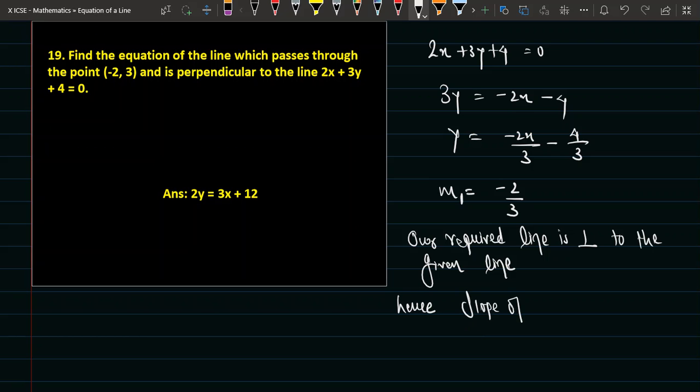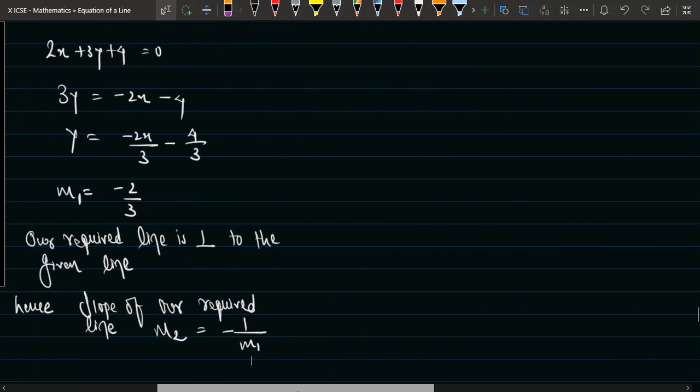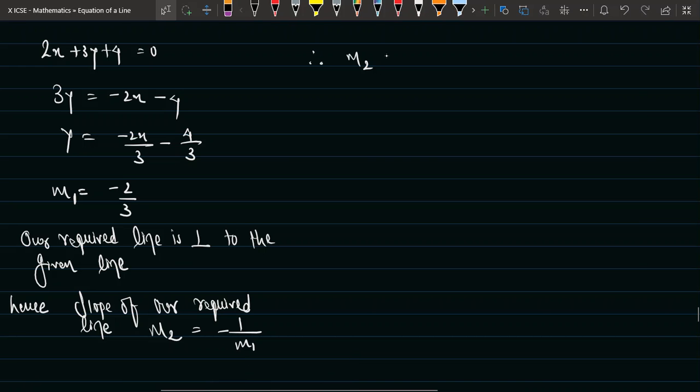Slope of our required line, which is m2, is equal to minus 1 upon m1. We can write it like this too. So therefore m2 will be equal to minus 1 by minus 2 by 3. That is minus 3 by minus 2, or 3 by 2.